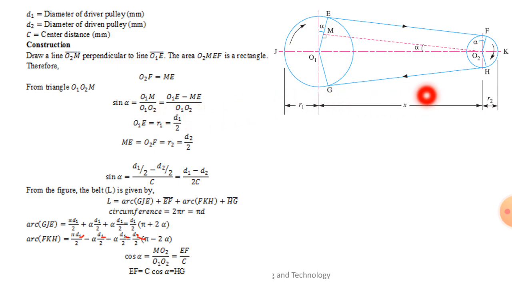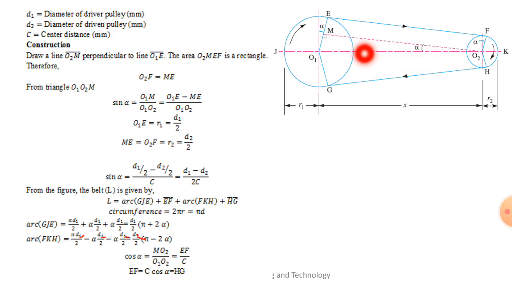Now we have to follow one more triangle here, that is O1O2M. O1O2M is a right angle triangle, such that we have to find sine alpha. You know the trigonometric function sine alpha is opposite side divided by hypotenuse. Here alpha is the small angle.